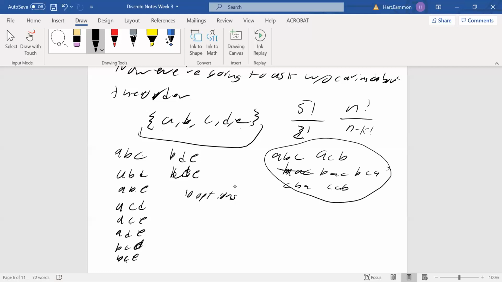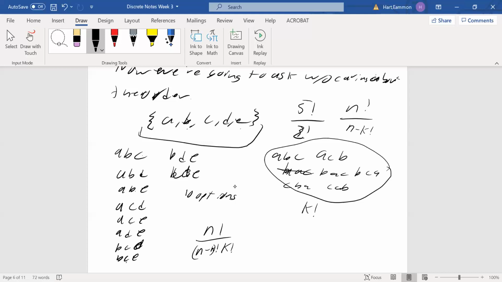So how many are there in this? Well, this is k factorial because k is 3, so we've got 3 objects. So in this case, what we actually have is n factorial divided by n minus k factorial, divided by k factorial.